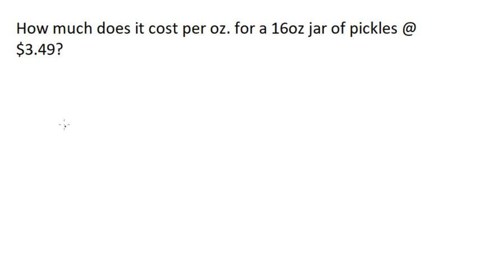So that would be 3.49 divided by 16. We could do this by hand, but it's a lot easier to just grab our calculator, type in 3.49 divided by 16, and I get that to equal 0.2.